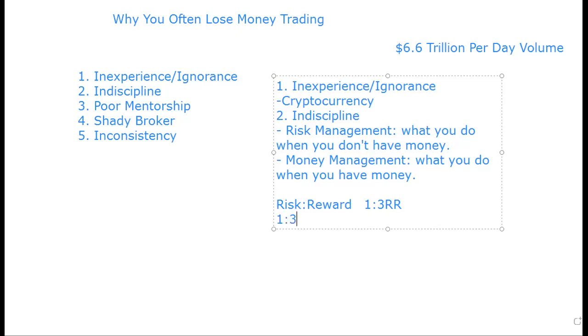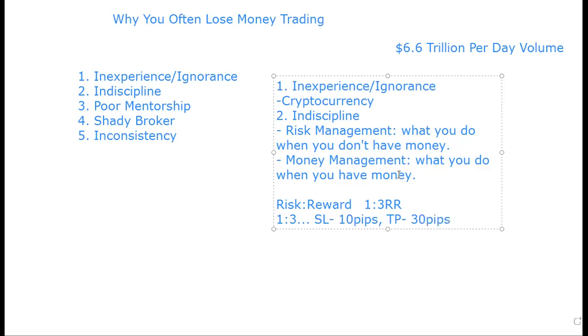Such that if my stop loss, which is SL for short, is 10 pips, my take profit must be at least, if I'm practicing 1:3 risk reward, 30 pips.